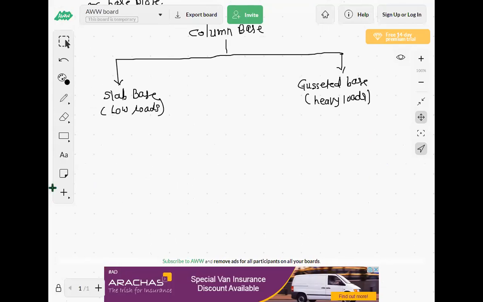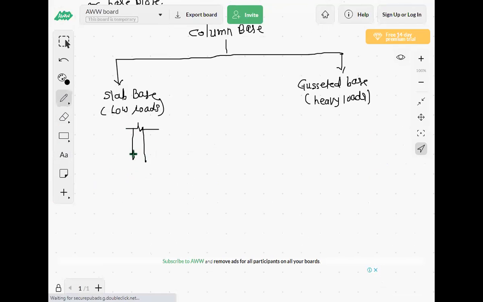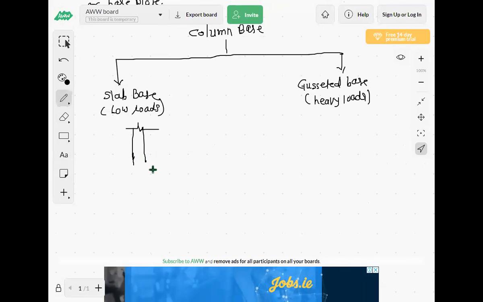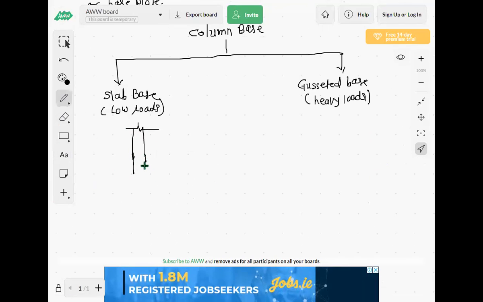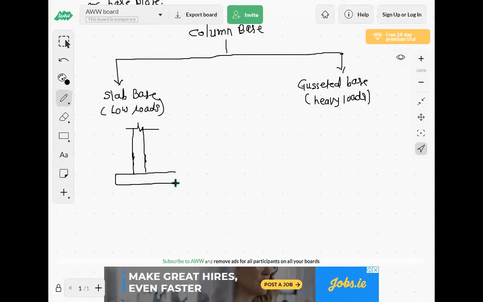So you can also draw the sketches. I will draw the sketches here. You can draw also.